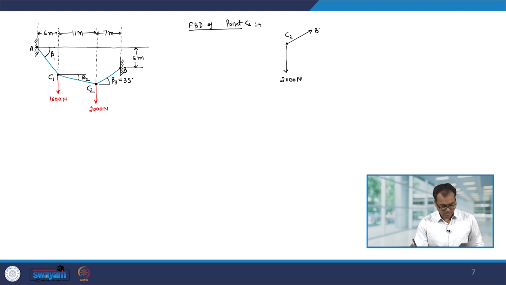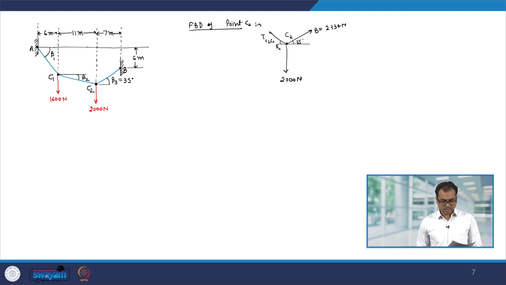So, this is 2334 Newton, because just now I have found out, and I also know that it is acting at 35 degree. Now, at point C2 I will also have a tension T from C2 to C1, and it is acting at beta 2 angle. So, this completes the free body diagram of point C2.